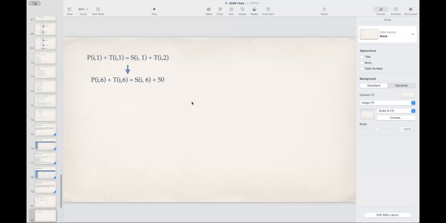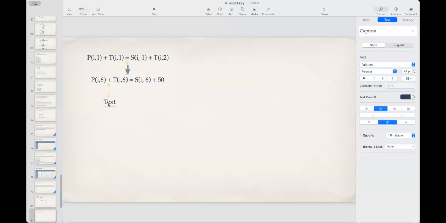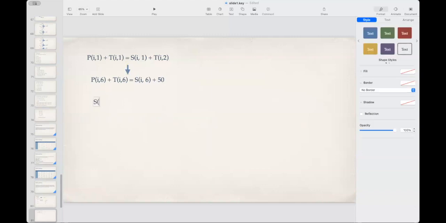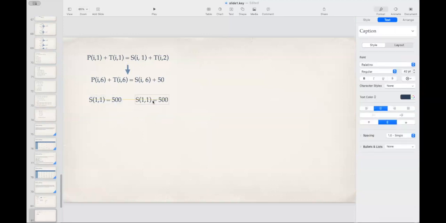Selling at each month, because this time we consider that we have a contract with the customer. So S11, you can read from the table, must be 500.